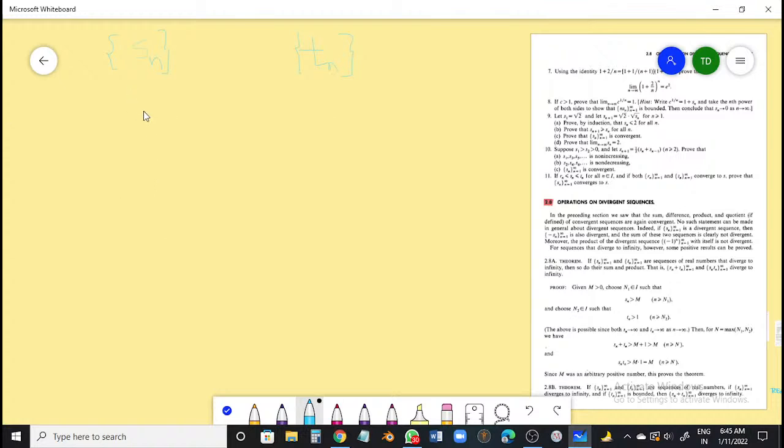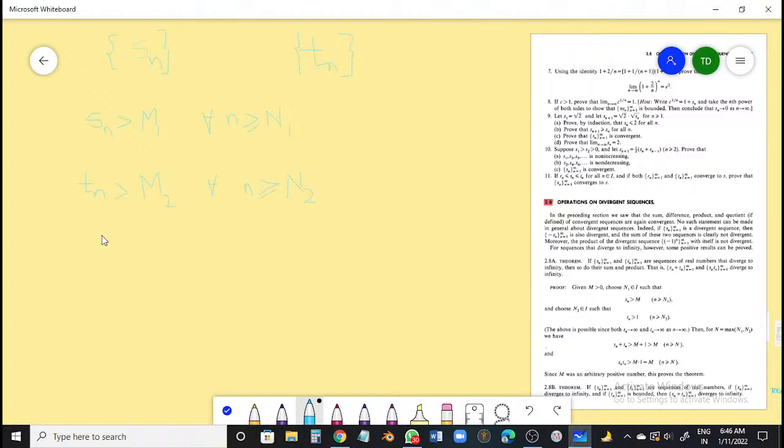Meaning for some capital M1 we will have N1 so that Sn will be larger than M1 for all n greater than or equal to N1, and for this Tn let us have M2, and for this M2 we will be able to find N2 such that the terms Tn will be greater than M2 for all n greater than or equal to N2.